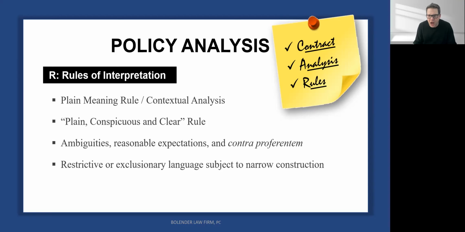A court, however, is not going to find an ambiguity unless the key language in dispute, viewed in context with the entire policy, is subject to multiple interpretations, and those multiple interpretations are reasonable interpretations. And under one of those, there is no coverage, and under one interpretation, there is coverage. That's a true ambiguity.